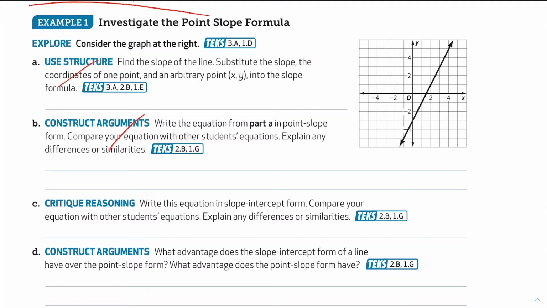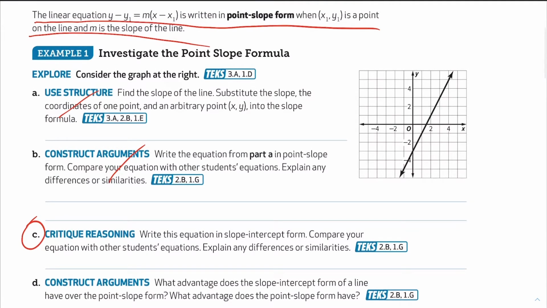Okay, what we're going to do is find the slope of this graph up here, and put it into point slope form. To find the slope, we need 2 points. We have (0, -3), and we also have (2, 1).